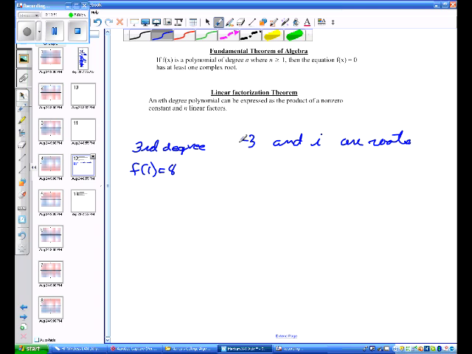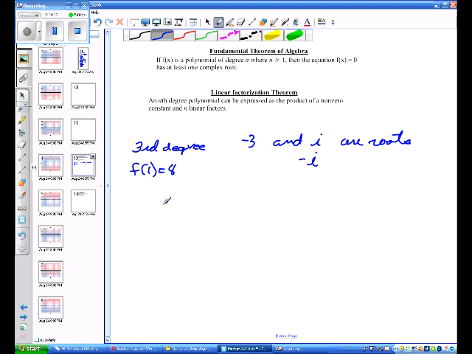Well, we know that we have 3 solutions because it's a 3rd degree. One thing we just mentioned is if you have a complex root, then you automatically have its conjugate. So if we have x equals i, then we also have x equals negative i. So there are our 3 roots.